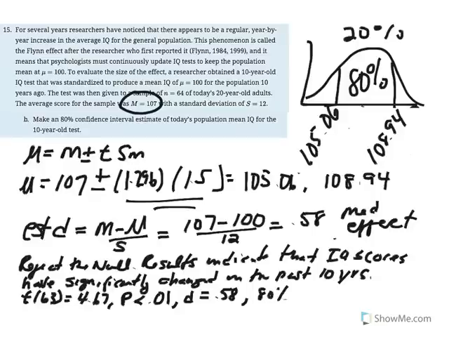So we're 80% confident that if we were to administer this 10-year-old version of this test, the population IQ average would range from 105.06 through 108.94. And that's it. That would be our concluding statement for this particular research example.